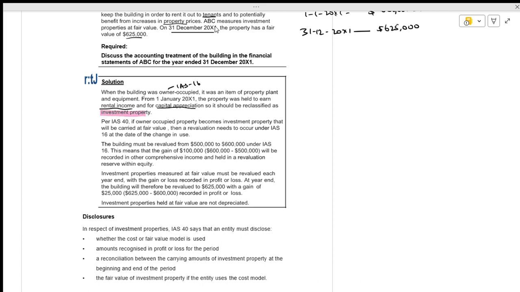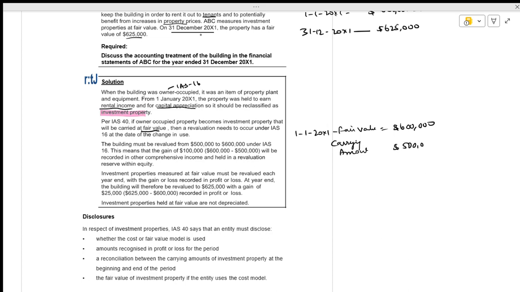Fine, investment property. As per IAS 40, if owner occupied becomes investment property, then we have to use fair value. Then the revaluation will occur. See the thing: 1/1/2001, fair value is 600,000.